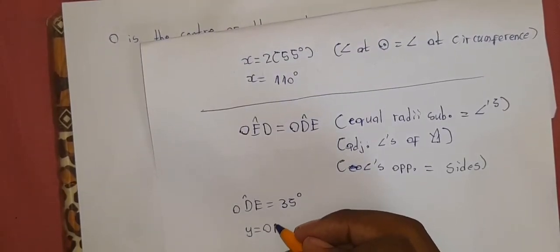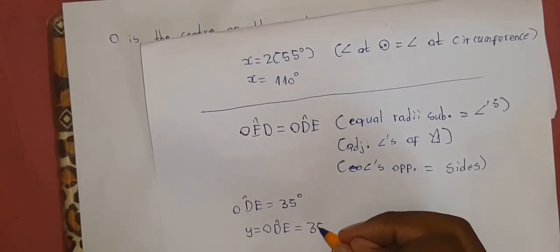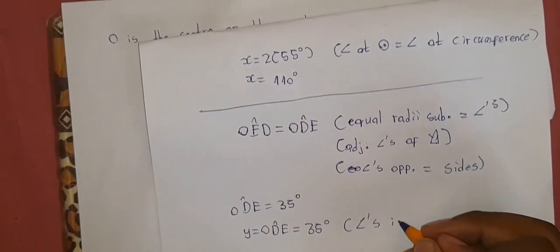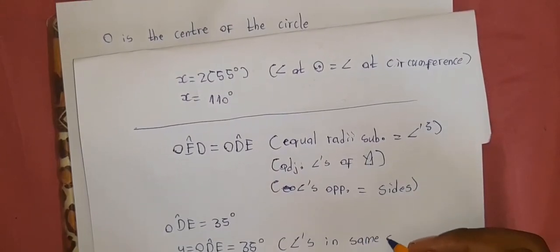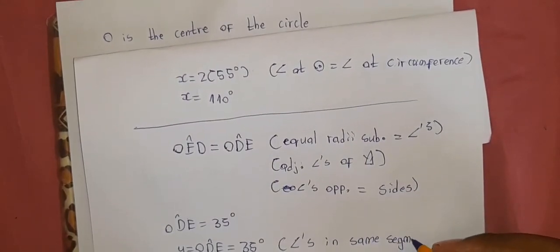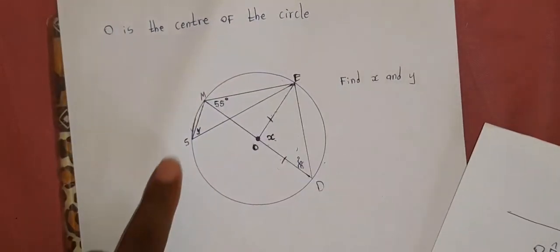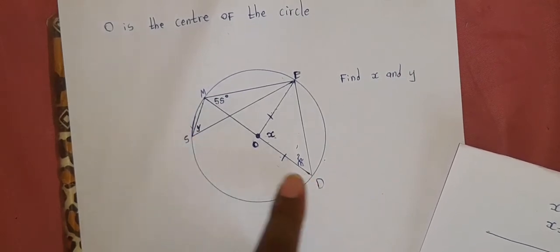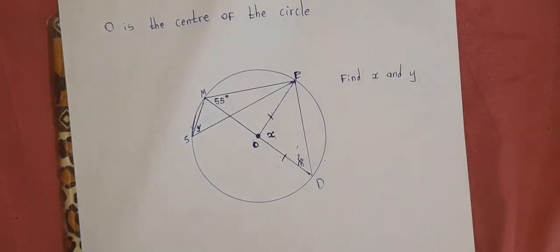Angle Y is equal to ODE is equal to 35 degrees because of angles in the same segment, like this here. We can see that Y and D are in the same segment because of this bow tie here. So we can see how easy these things are.